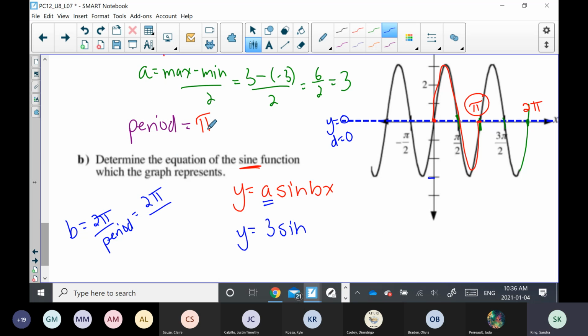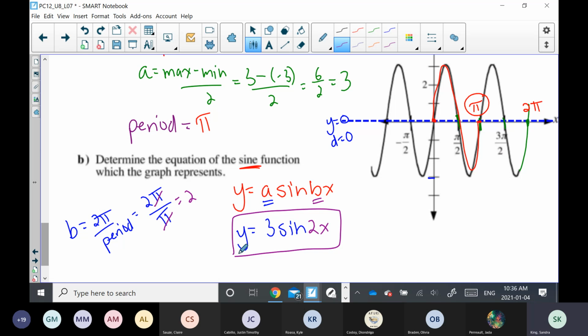The period is pi. So the B value is 2. That comes out, a 2 goes in, and then your x. And that would be your equation.